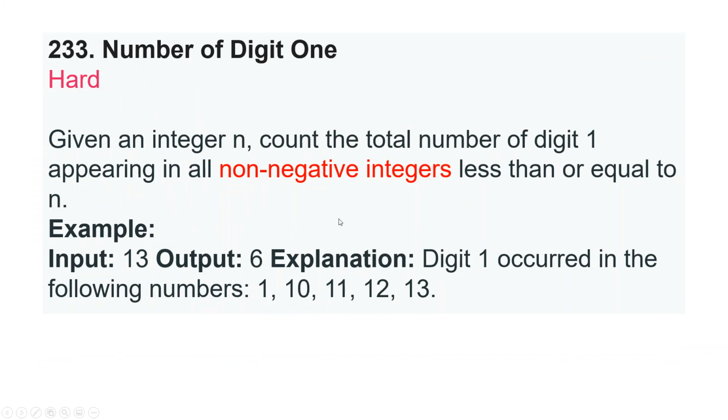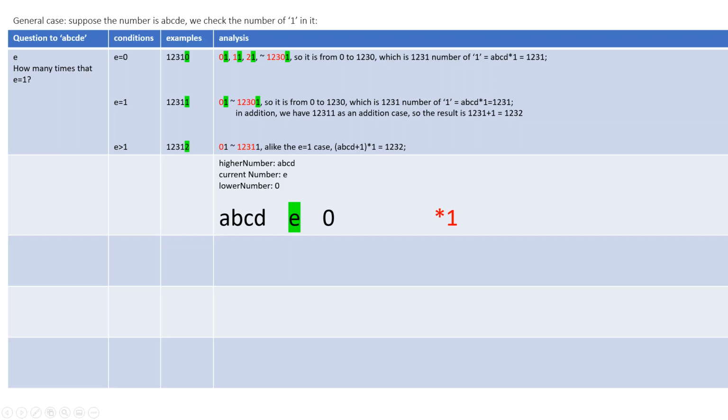Let's give a very simple example. Suppose the number is A, B, C, D, E with 5 digits. We take this as an example to analyze the solution.